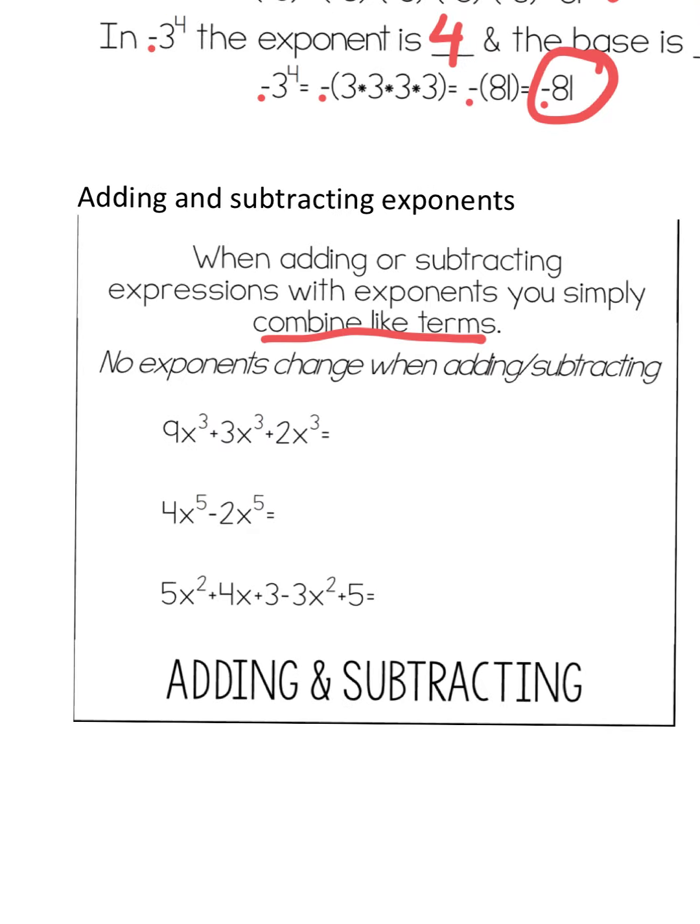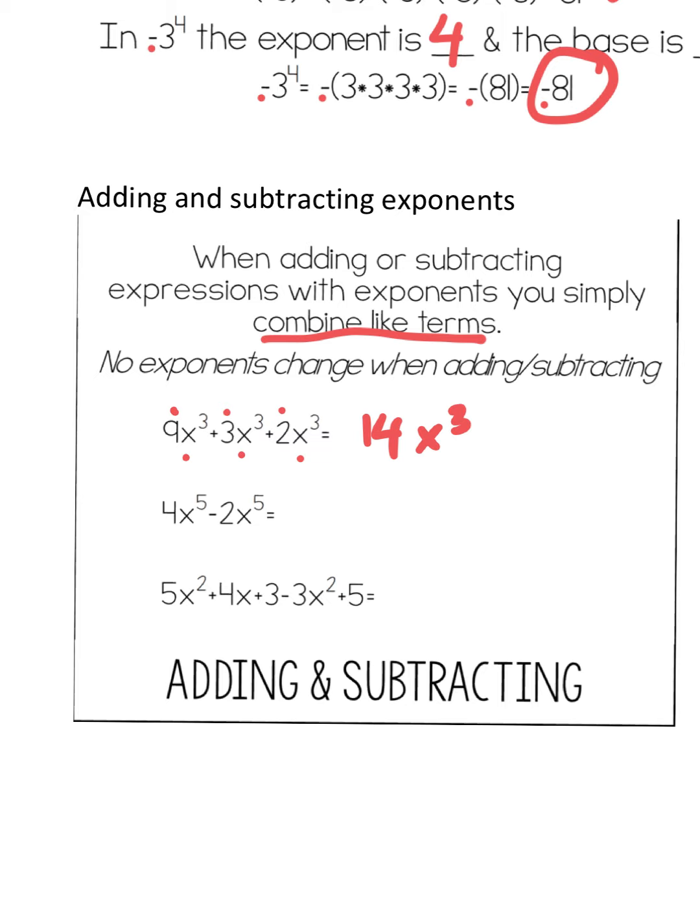So the example says 9 times x raised to the power of 3 plus 3 times x to the power of 3 plus 2 times x raised to the power of 3. So they are all x raised to the power of 3, and we can combine them, which is 9 plus 3 plus 2 is 14x raised to the power of 3.